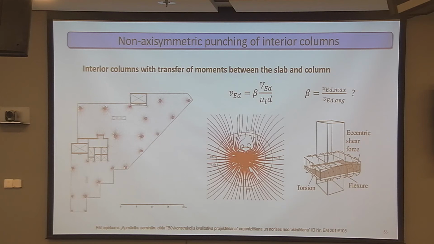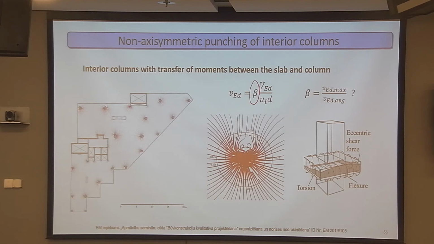Because most of the tests have been done on symmetric specimens because it's the easiest to do. You don't need to design the column really, there are much fewer parameters. But in practice, how does the moment transfer influence the punching strength? So in Eurocode, it's taken into account with the factor beta.